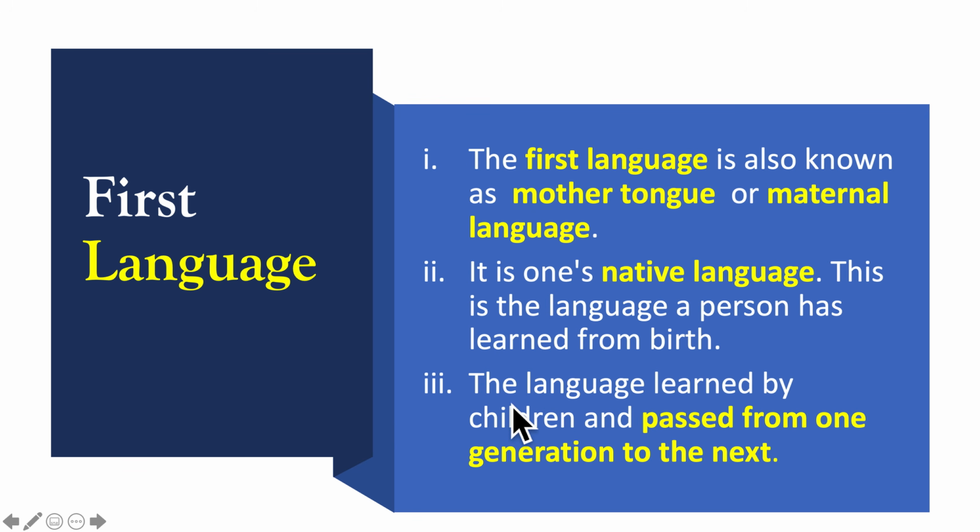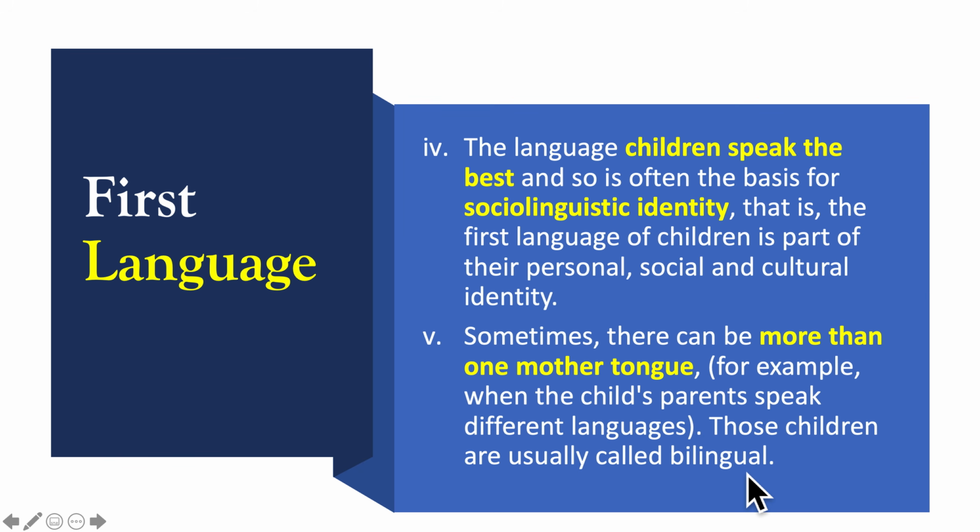Point number three, the language learned by children and passed from one generation to the next. Point number four, the language children speak the best and so is often the basis for socio-linguistic identity.